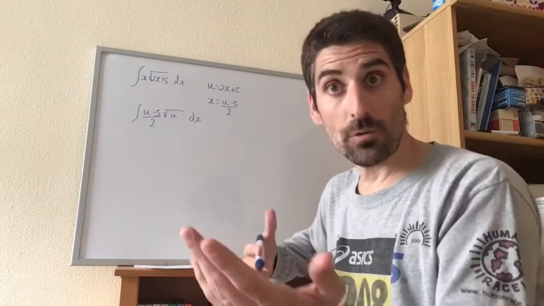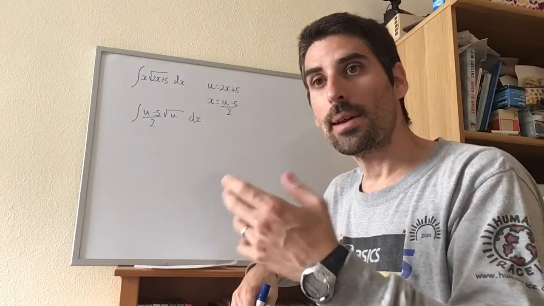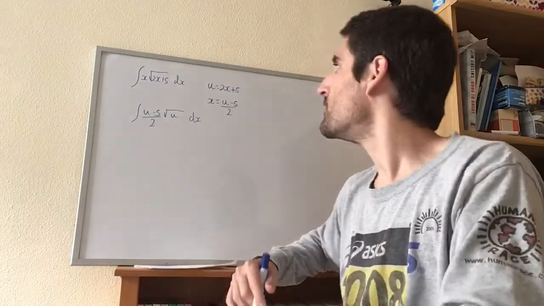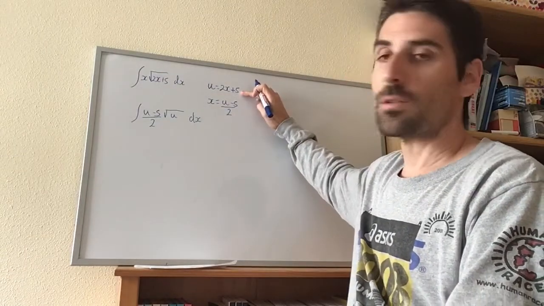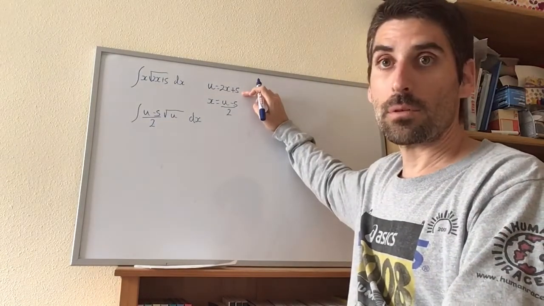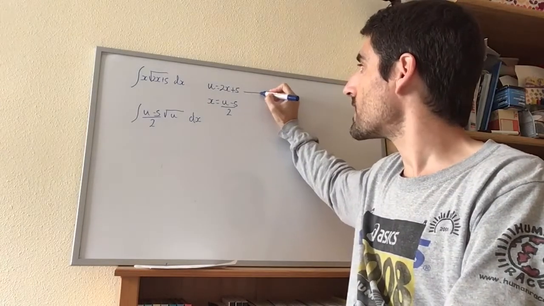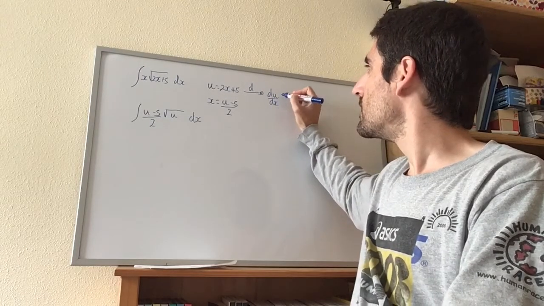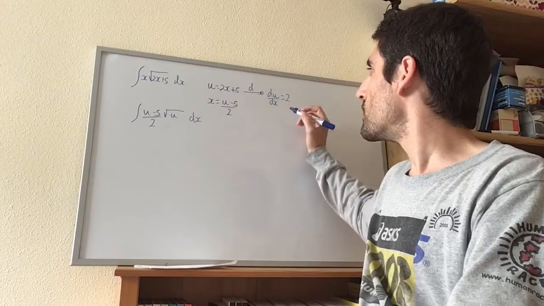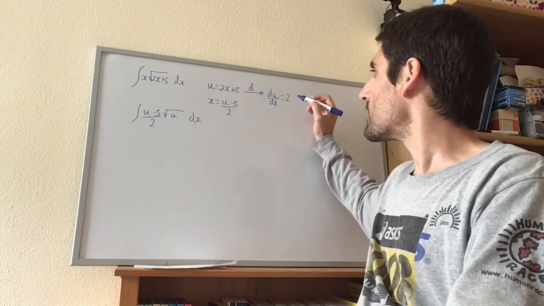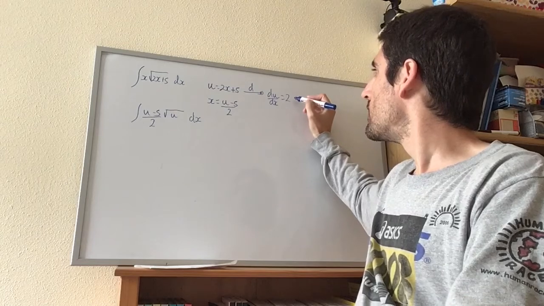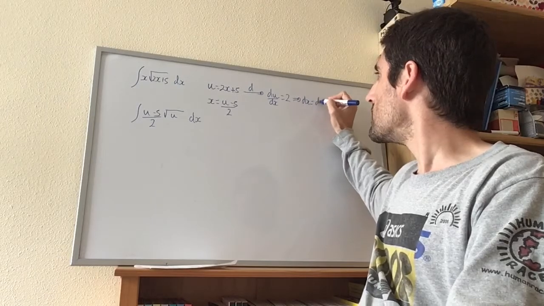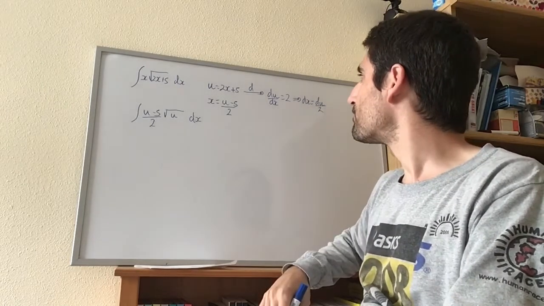But the dx is relative to x, and I haven't got an x anymore, I've got a u. So I need to integrate relative to u, and swap that dx for a du. I cannot just rewrite it. If I differentiate the variable change they've told us to do, du over dx is 2, which means if I rearrange, dx is du over 2, is it not?